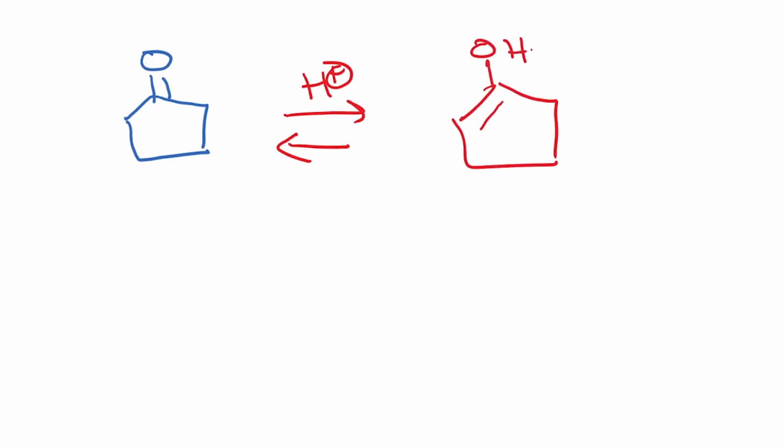I'm not drawing out the arrow pushing mechanism to form the enol, but once you form the enol, you can imagine that this enol can react with the ketone. So the ketone that is going to be produced here is this.